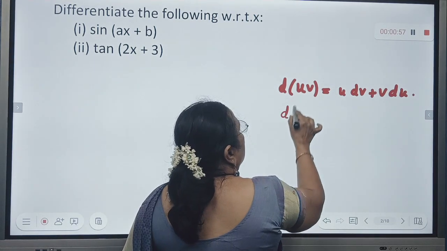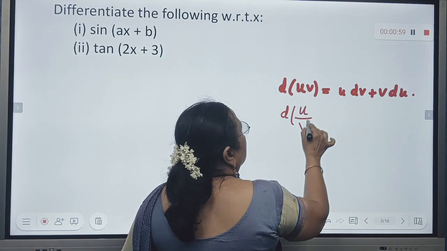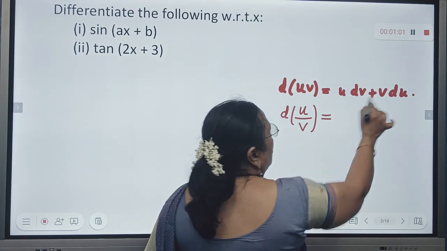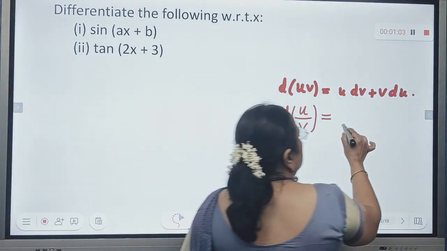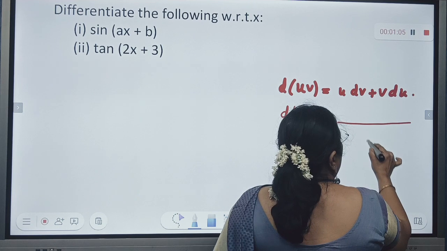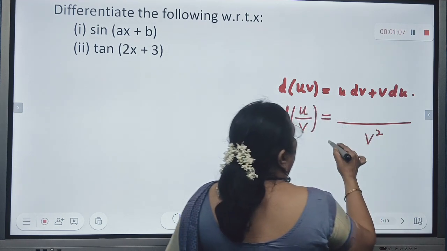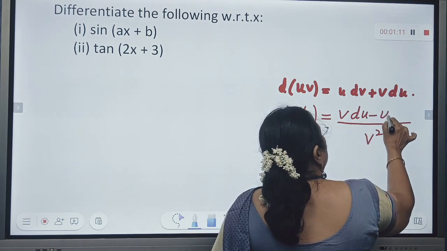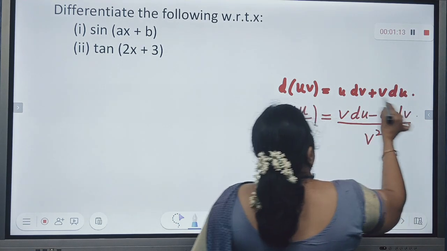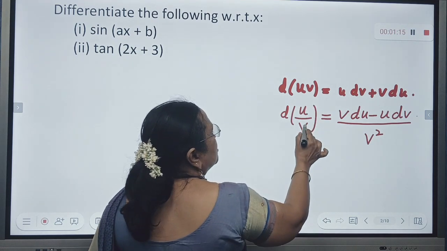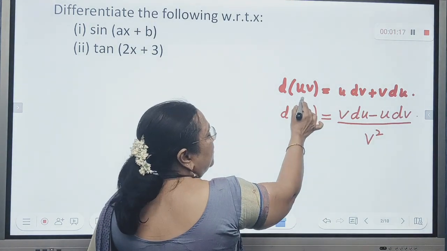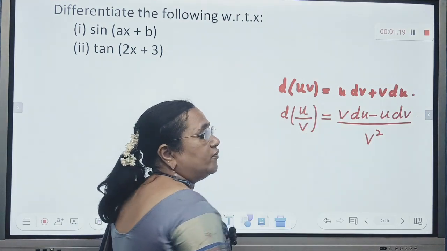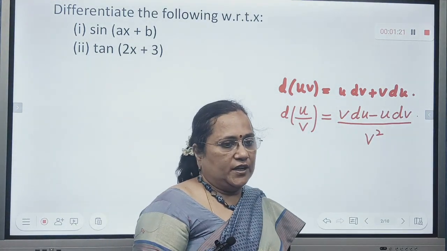And d of u by v, this is the quotient rule, will be v square in the denominator, v into du minus u into dv. The first is for the product of two functions, and the second is for the quotient of two functions.